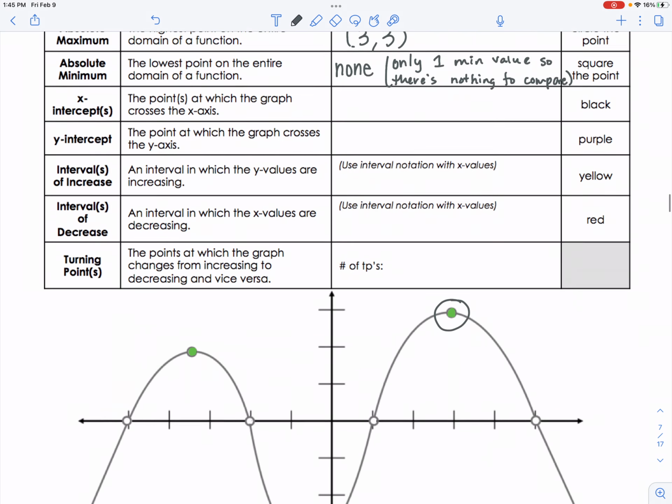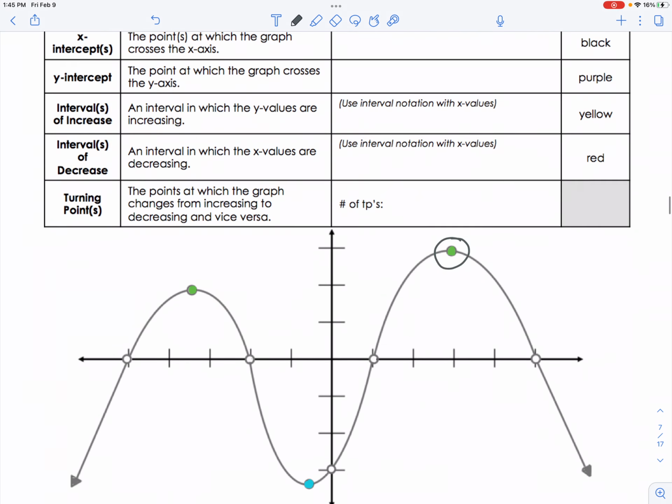X-intercept: the points at which the graph crosses the x-axis. This one's going to be really important later on as well. We're going to color those in black. So we have 1, 2, 3, and 4 x-intercepts, right?